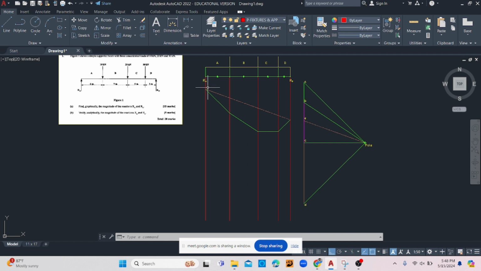Now the next thing we're going to do is find the equilibrant point. So we found the equilibrium point, and we now need to find the equilibrant point. The equilibrant point is easily found by simply extending or filleting these two end lines together.